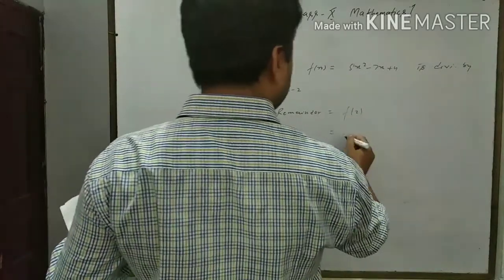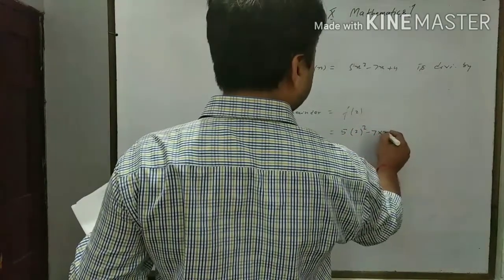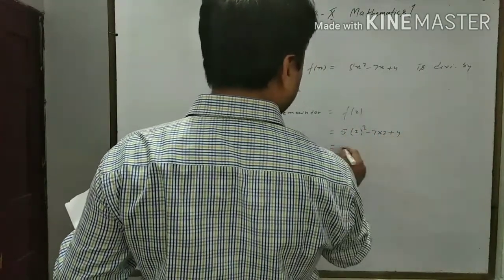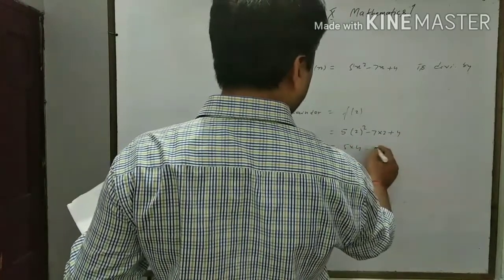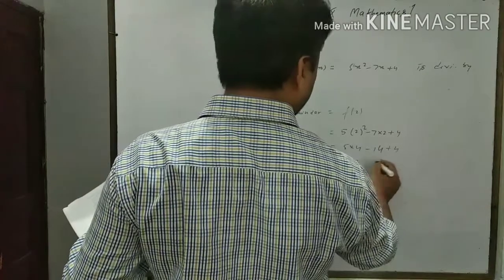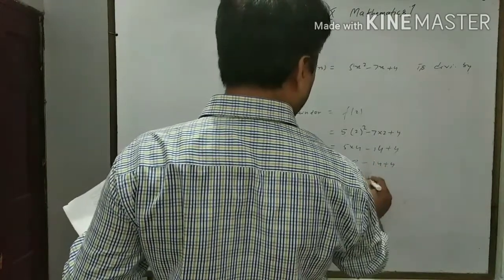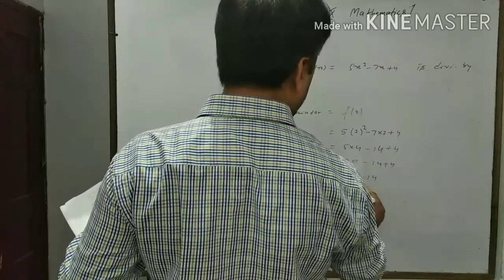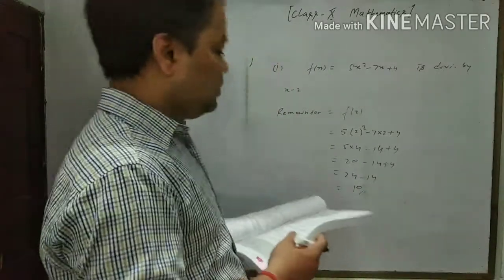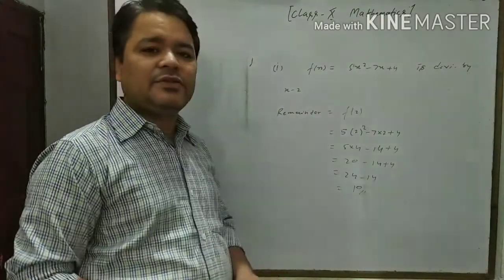So here f of 2 is 5 into 2 whole square minus 7 into 2 plus 4. Its value will be 5 into 4 minus 14 plus 4, 20 minus 14 plus 4, 24 minus 14, it will be 10. Means without division we can get the remainder using the remainder theorem.